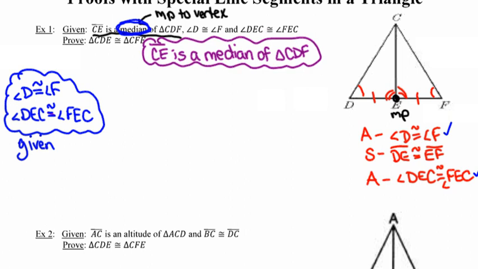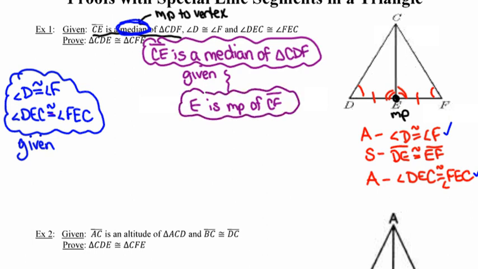And if segment CE is a median, remember, a median connects a midpoint to a vertex. So that tells me that E has to be a midpoint. And how do I know that? Well, the definition of median connects a midpoint to a vertex.